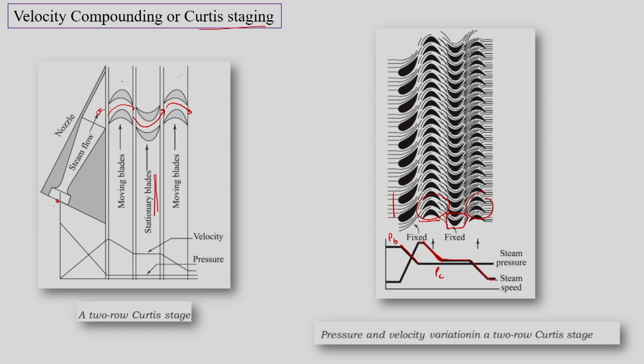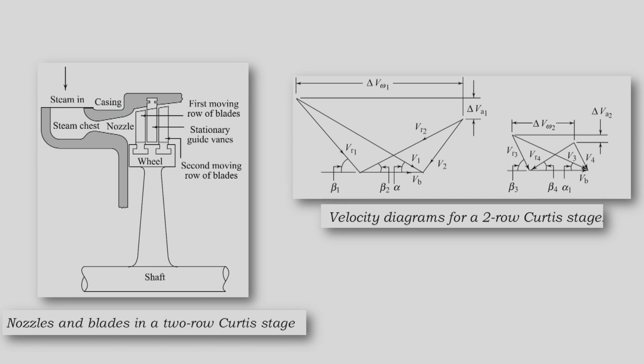So, let us see how it would proceed. As we have seen, this is a two stage Curtis turbine. We have the nozzle here, and in the nozzle we will have complete enthalpy drop and maximum velocity at the exit of the nozzle.